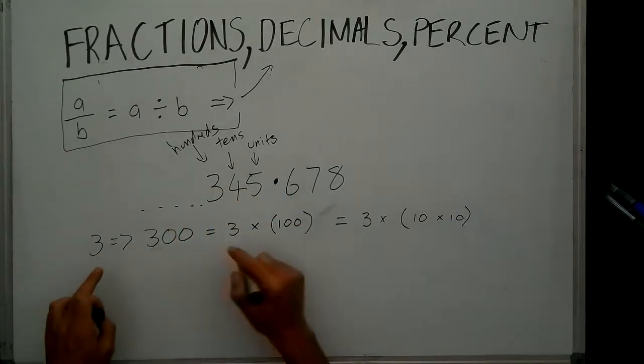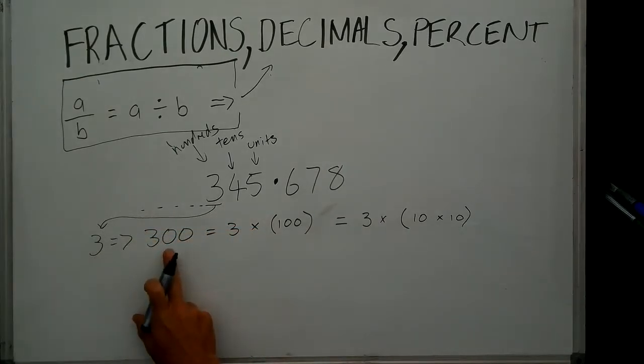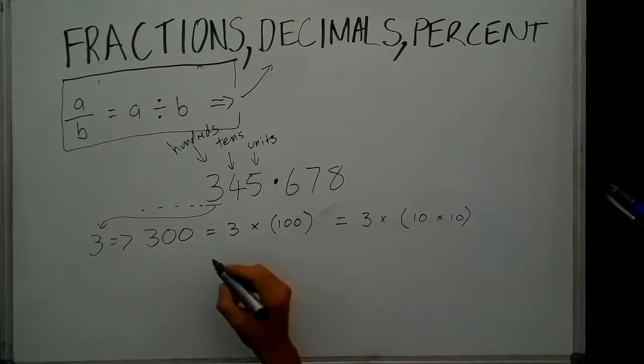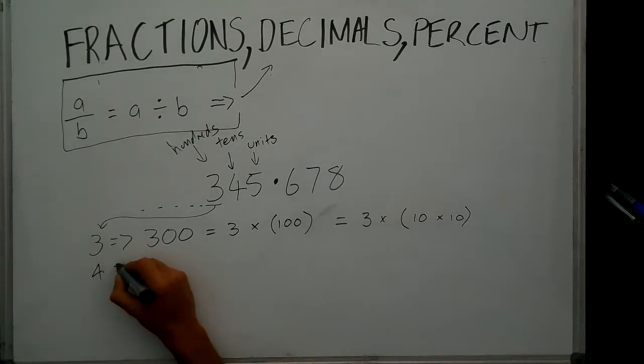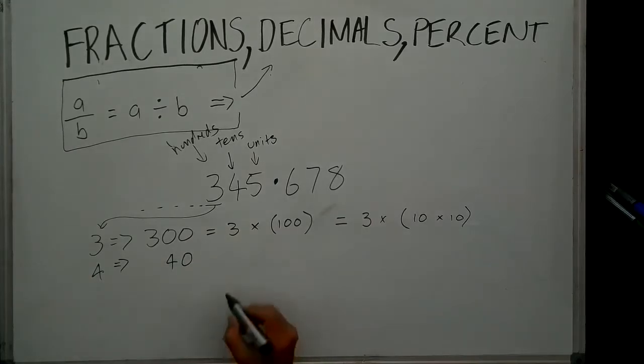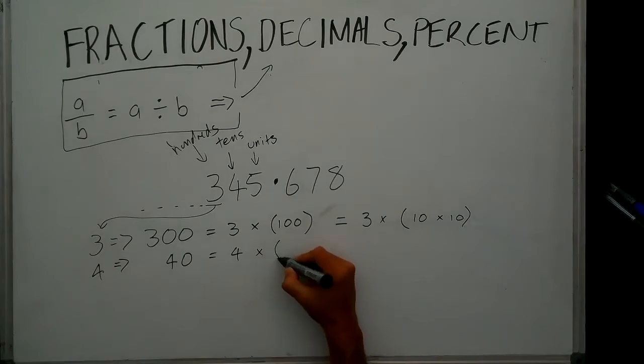So the 3 is actually representing 300 because of the position that it is in. 3 times 100. Okay, so the 4 represents 40, which is 4 times 10.